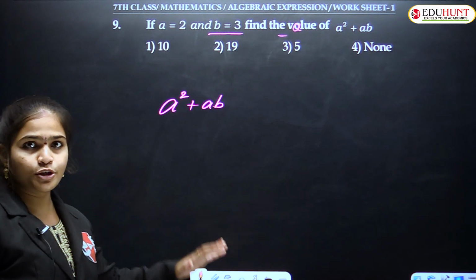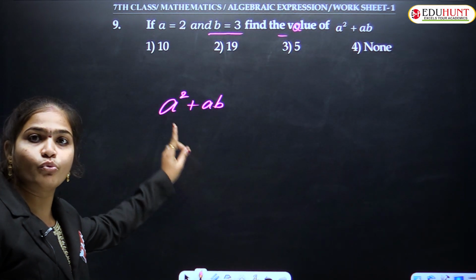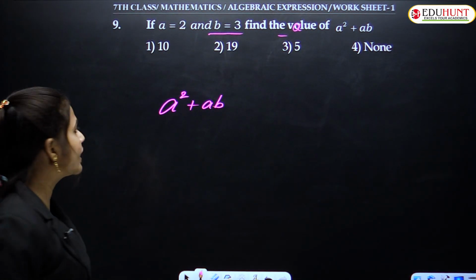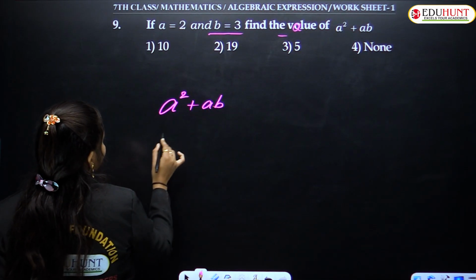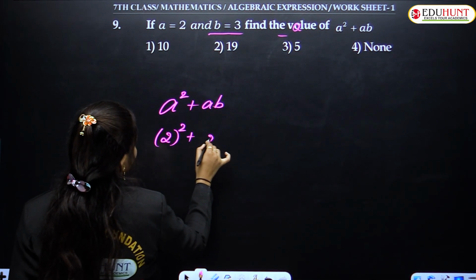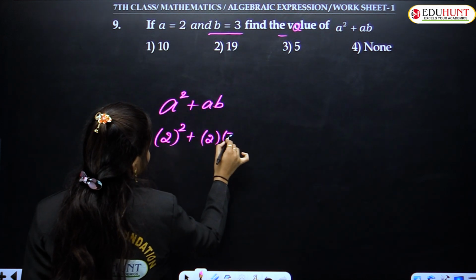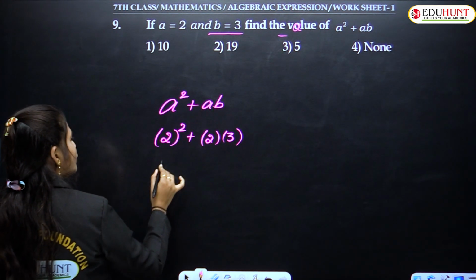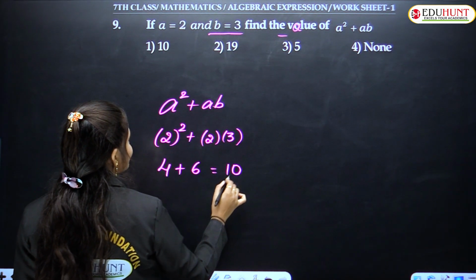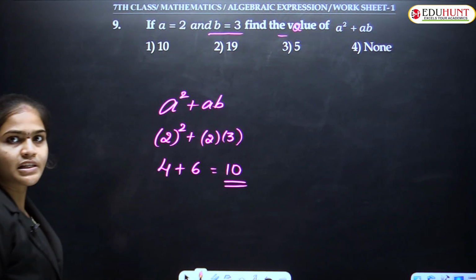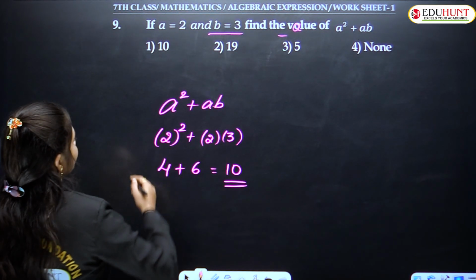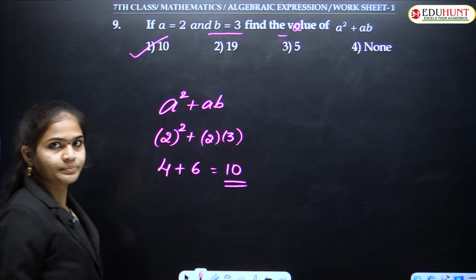Substitution means instead of the variable, whatever value they given, we just have to replace. a is equal to 2, so 2 square plus 2 times 3, where b is equal to 3. Clear? So 2 square is 4 plus 2 threes is 6, which is equal to 10. Which option is correct here? Option 1 is correct, that is 10.